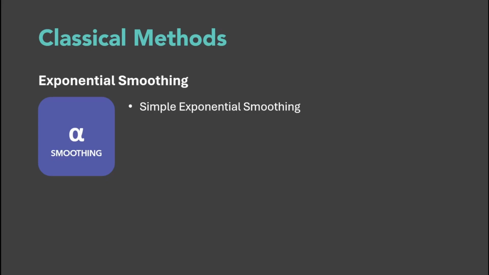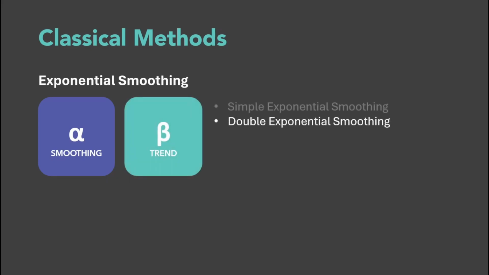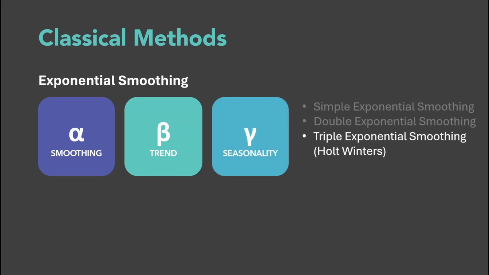And when that particular factor is set to 1, it actually causes the simple exponential smoothing model to be the same as the naive method. If we add on another factor that accounts for trend, we get the double exponential smoothing model. And if we add on a third factor that accounts for seasonality, then we get the triple exponential smoothing model, which is also known as Holt-Winters.